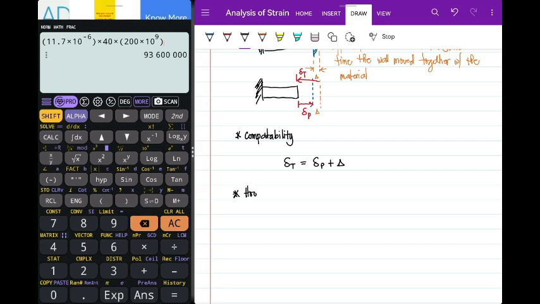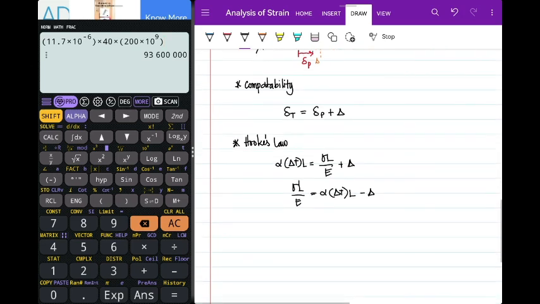Right? But since they are playing tug of war, I'm sorry for the lack of a better word, since the material contracts, it pulled the wall with it by 0.5 mm. But nevertheless, there is still an internal force that manifested within the material due to the fact that the material is fixedly attached to the wall.